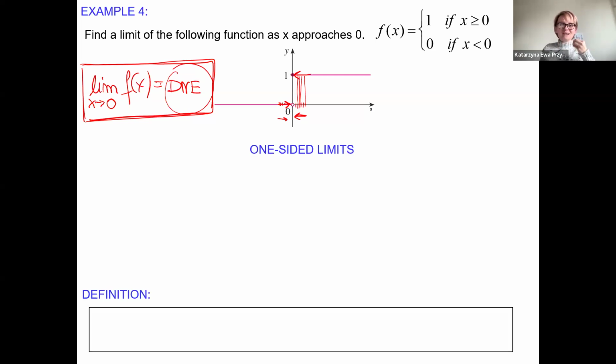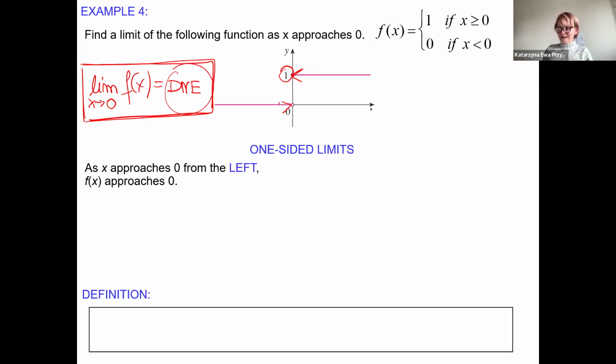Because we still cannot leave this without indicating 1 and 0. The function is approaching 1, the function is approaching 0. It's still a good limit. That means two different behaviors on the left and the right-hand side.